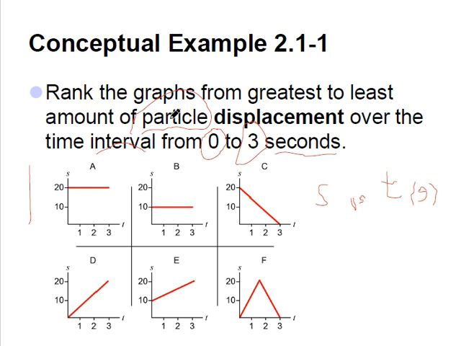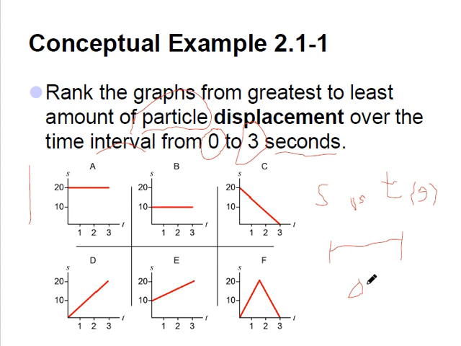So the question is rank them greatest, and we're dealing with the displacement. So the greatest is we have 0, 10, and 20. So the greatest displacement, what is it going to be? Okay, it's got to be displacement. The displacement, again, your definition of your displacement is you have the initial and then final.